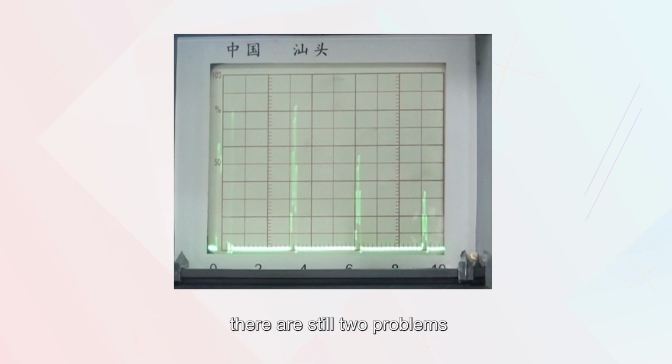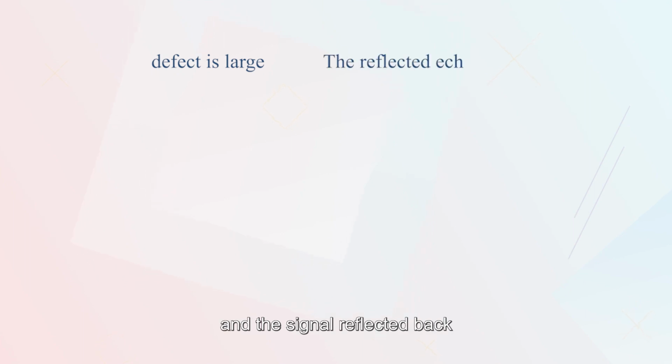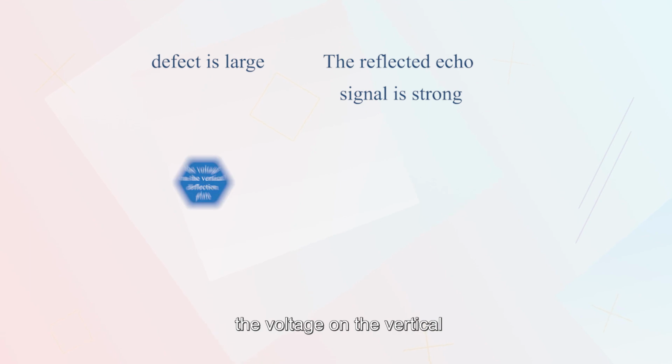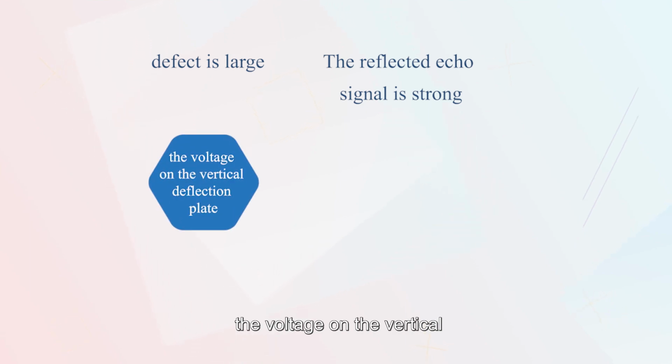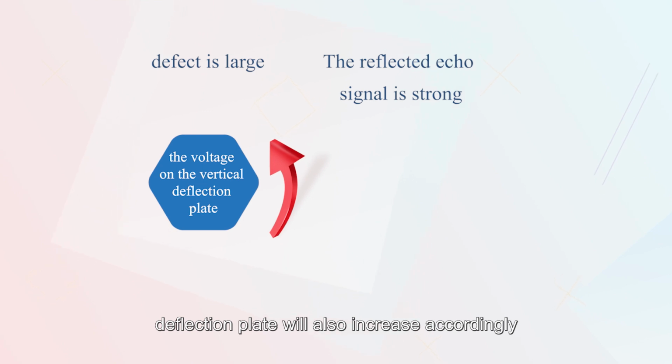However, there are still two problems that need to be solved by the instrument. First, if the defect is large and the signal reflected back to the probe is strong, the voltage on the vertical deflection plate will also increase accordingly.